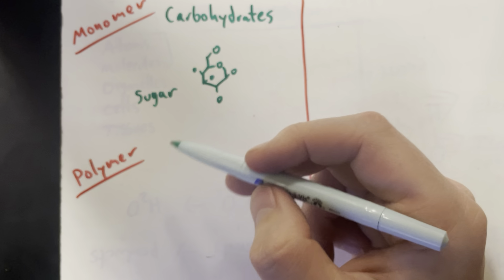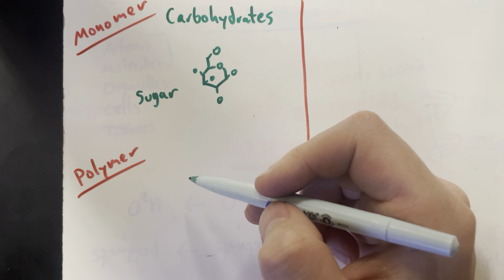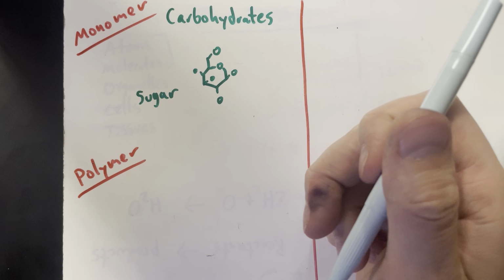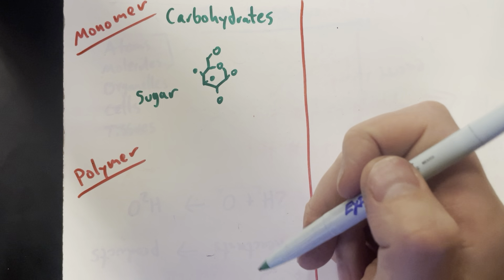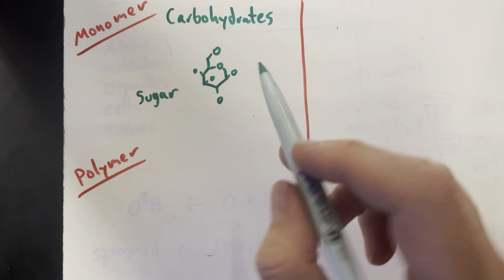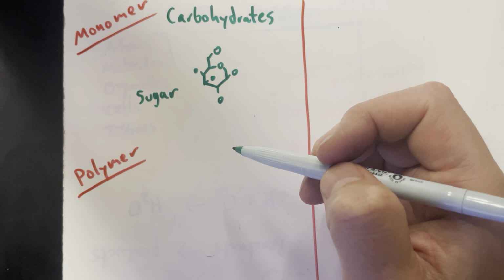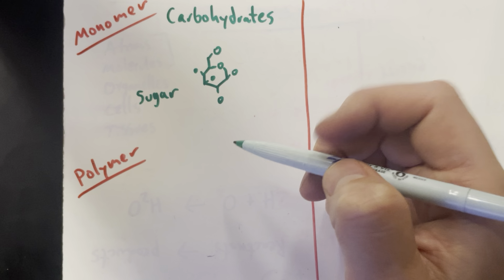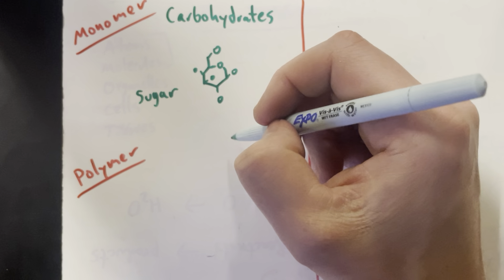What's a more complex carbohydrate? What was that? Glucose. Glucose is actually really simple. This is glucose, the one I've drawn. Sucrose is slightly different. Sucrose is actually two carbohydrates put together.